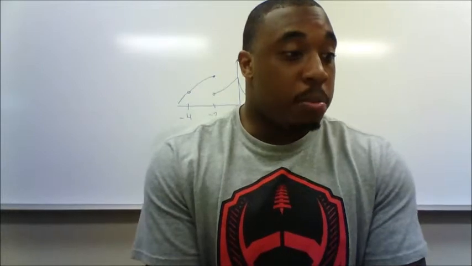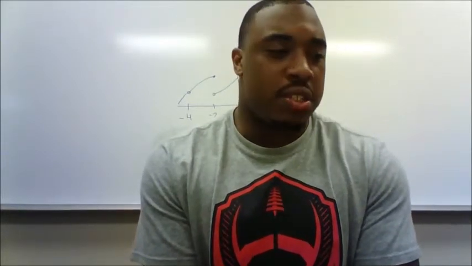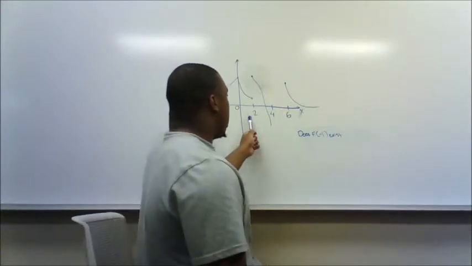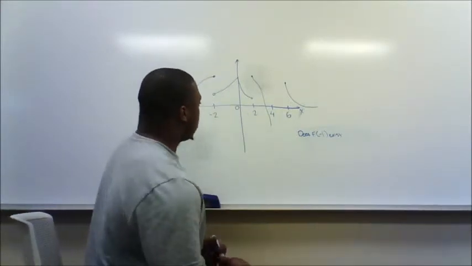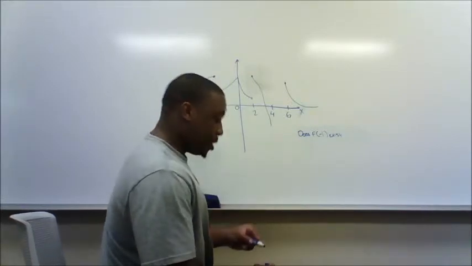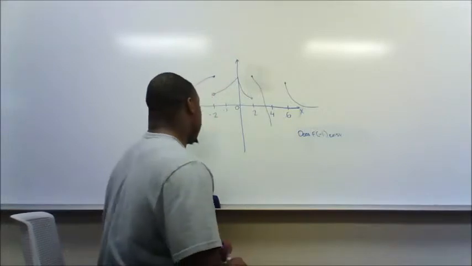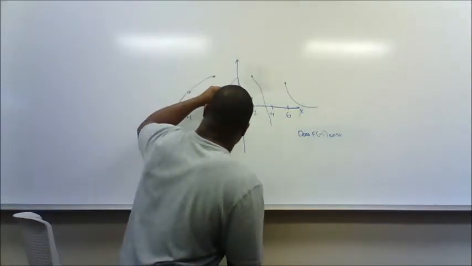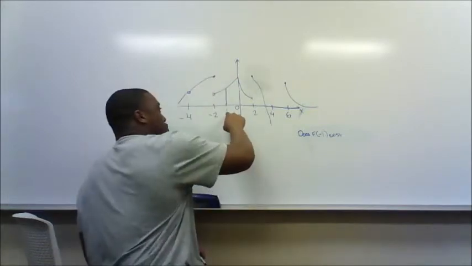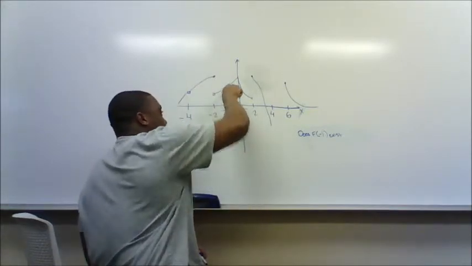Okay, question number 3 asks, does f of -1 exist? It's a pretty simple problem, so let's take a look at it. We look at our graph, and we go to where x is -1. So an easy way to do that is just trace the graph, go up, and you see where -1 is, you hit this line right here.